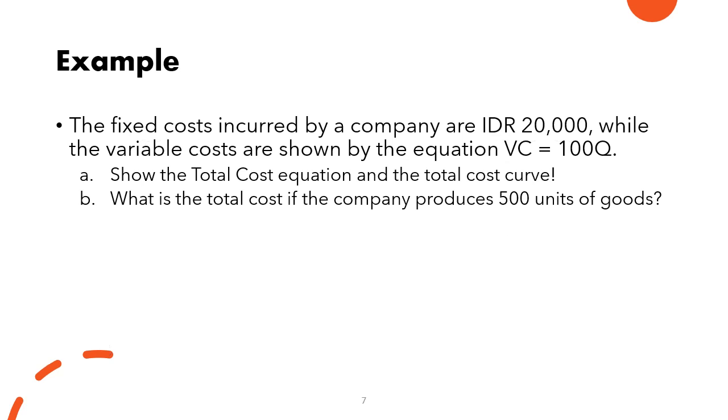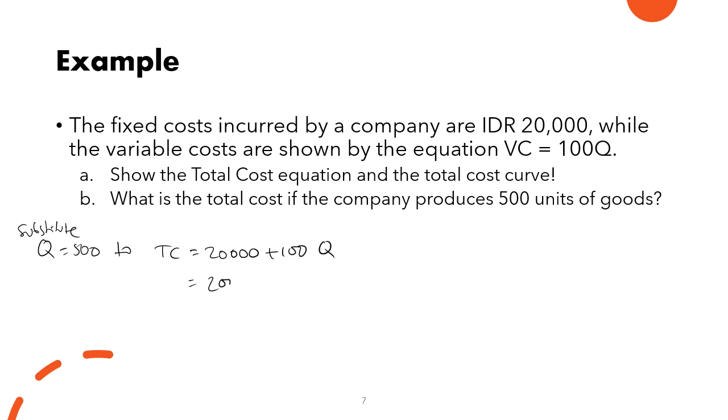And for the next question, what is the total cost if the company produces 500 units of goods? Just substitute Q of 500 into the equation of TC, 20,000 plus 100Q.